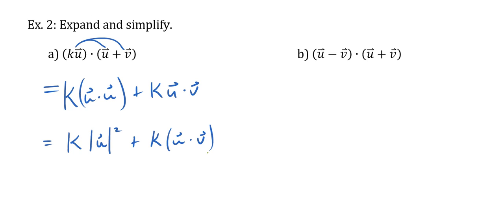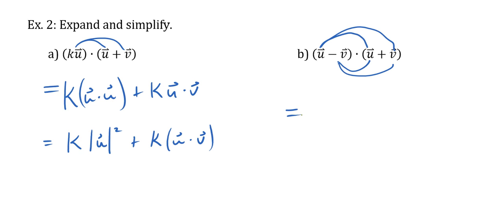And what do you notice about B? Anything? John? Yeah, so what's that? Well, possibly, yes. I think I understand what you're saying. To me, it looks kind of like difference of squares product. So if I expanded this, I'd get U times U, and then U times V, and then negative V times U. So those are going to be 0, then negative V times V, right?